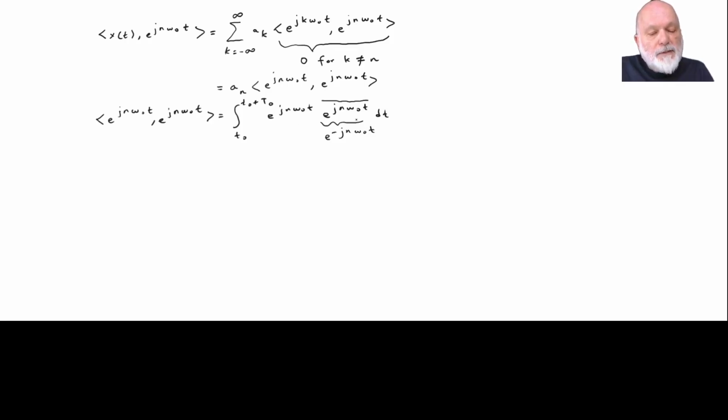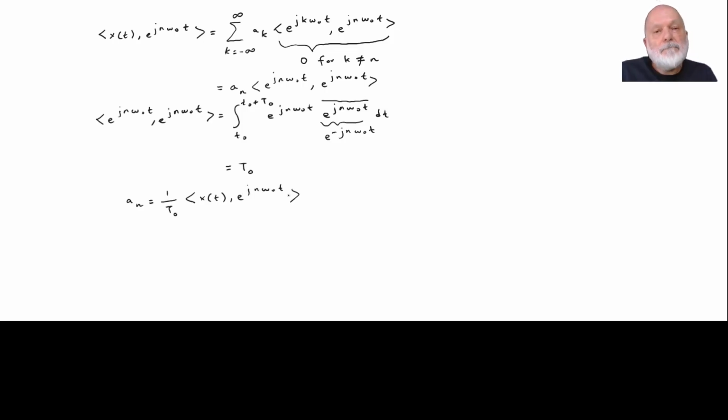Therefore, the product of these two will be equal to 1, and the result of the integral will be equal to T0. So T0 is the multiplier of a_n. Therefore, we can write this as a_n equal to 1 over T0 times the inner product of x of t with e to the j n omega 0 t.